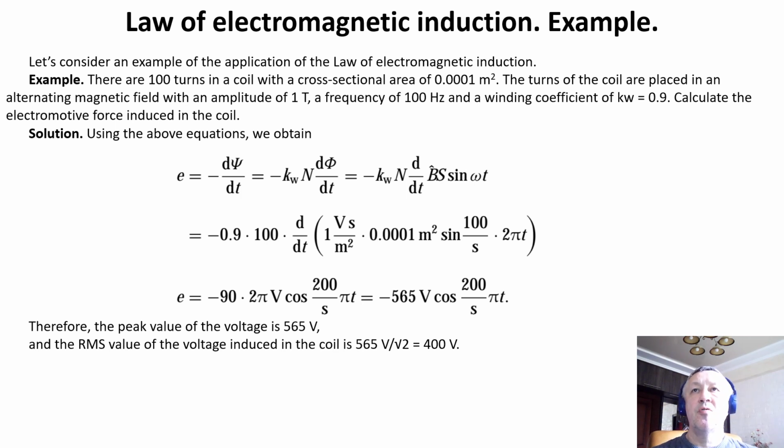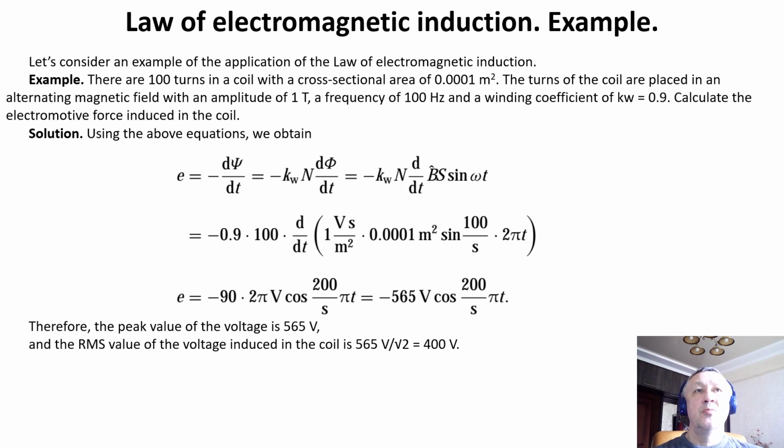The turns of the coil are placed in an alternating magnetic field with an amplitude of 1 Tesla. Frequency is equal to 100 Hertz, and a winding coefficient kW is equal to 0.9. Calculate the electromotive force induced in this coil.